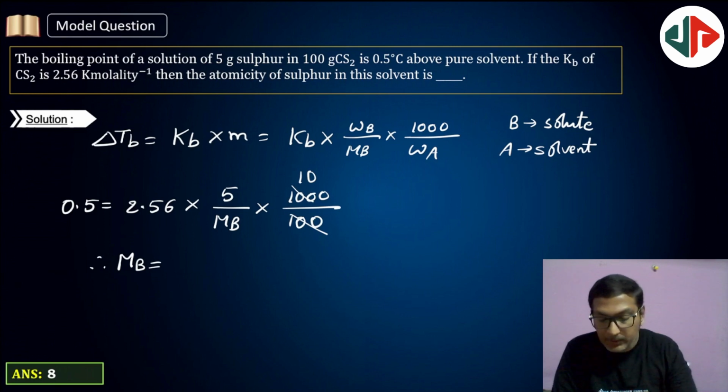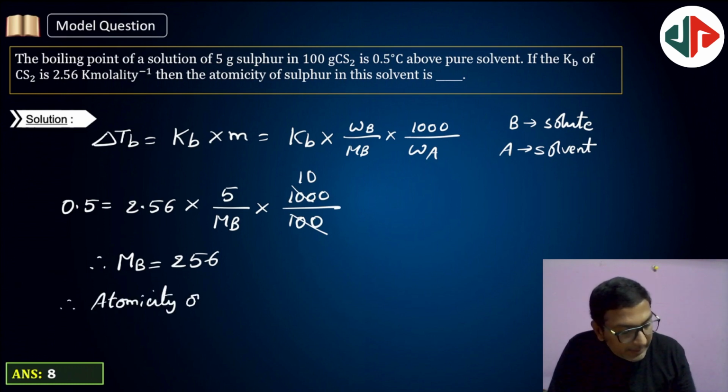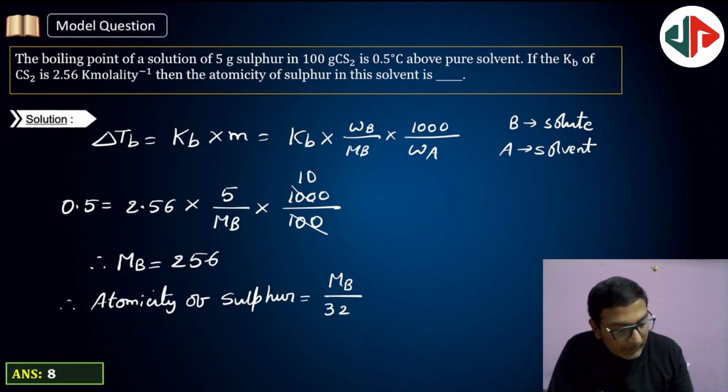So 50 into 2.56 divided by 0.5, 256. So that is the total molecular weight. Therefore the atomicity of sulfur equals Mb by 32. 32 is the atomic weight of sulfur, that is 256 by 32.